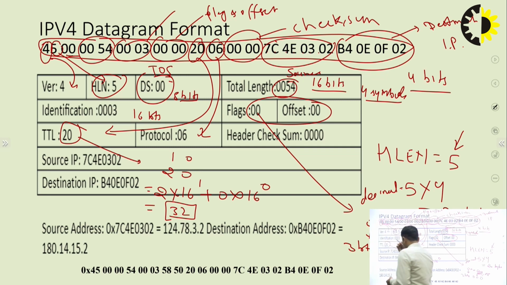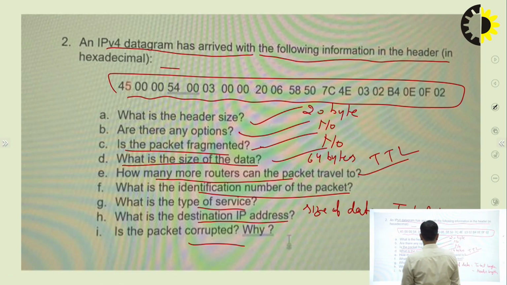What will be the answer? Maximum how many routers can this packet travel? The answer will be 32, because the value of time to live is 32. That means the packet can travel from source to destination by a maximum of 32 hops. Hops means routers. So 32 routers can be traveled here.